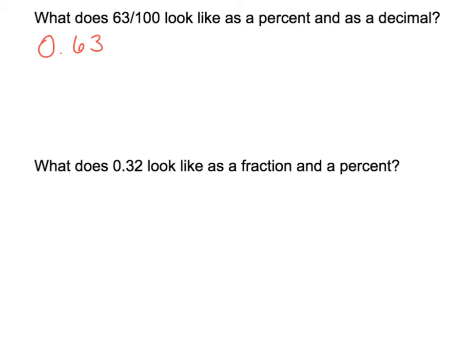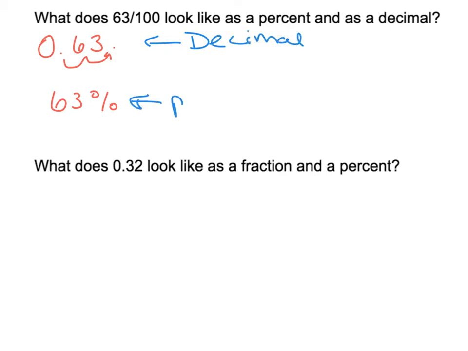There's our decimal form. And to convert it into a percentage, all we need to do is move our decimal point 2 spots to the right, and we have 63%. So again, this is our decimal, and this is our percent.